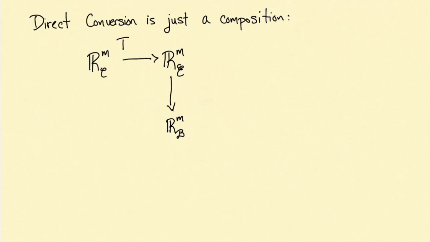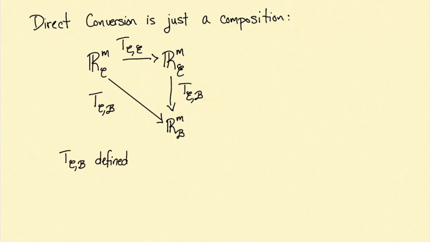Then we apply the transformation from the standard coordinate system to the coordinate system defined by B. So the direct transformation is T sub C,B, which is of course also a matrix transformation, and it's defined by the product of the two matrices.